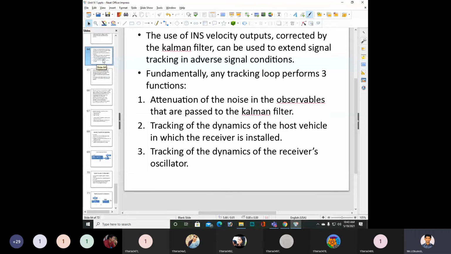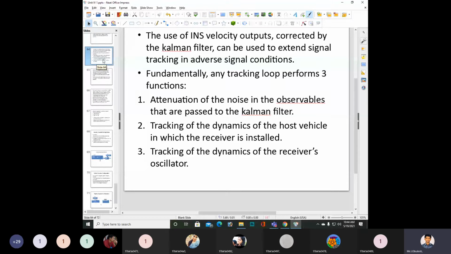The second is tracking of the dynamics of the host vehicle in which the receiver is installed. The third is tracking of the dynamics of the receiver's oscillator.